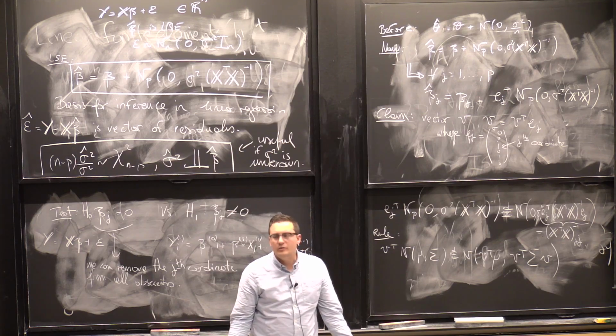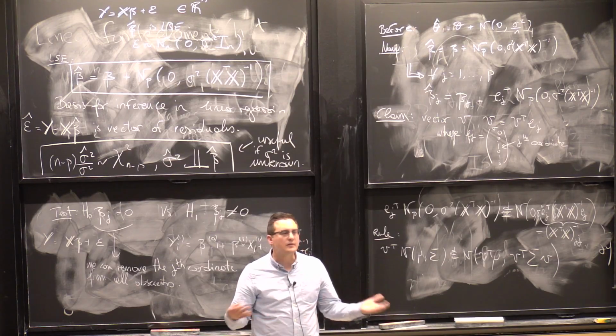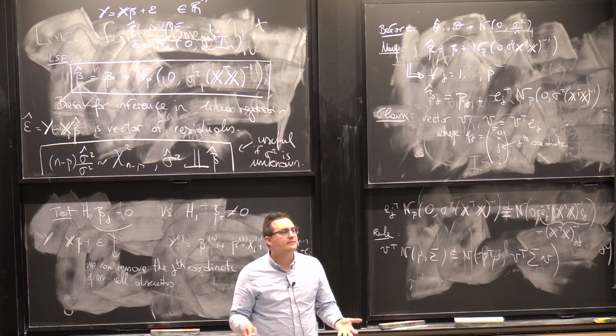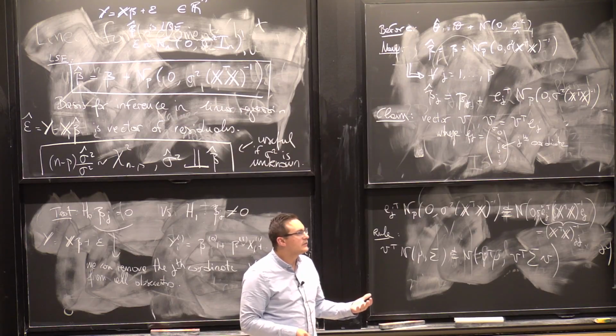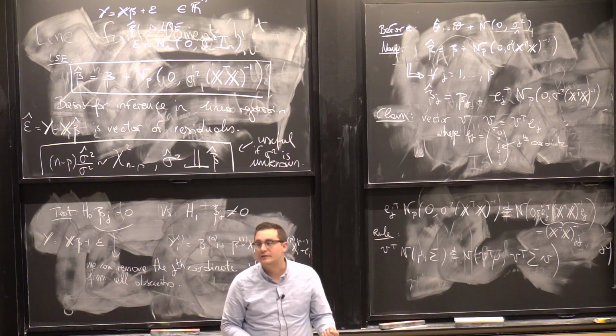Now, I cannot go any further. X transpose x inverse can be a complicated matrix, and I do not know how to express its jth diagonal element much better than this. It involves basically all the coefficients.